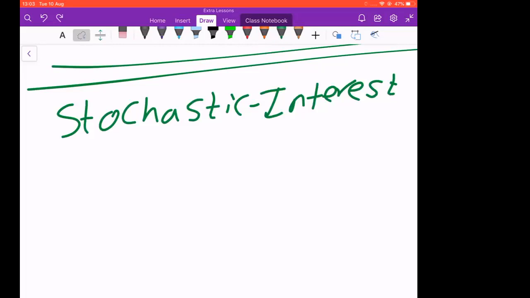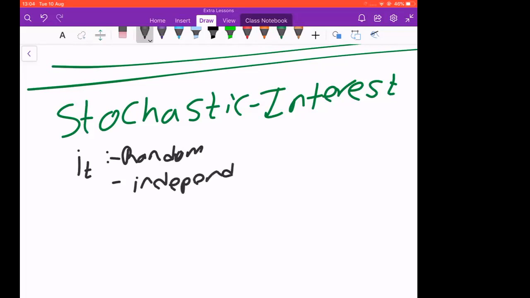So sometimes they can say that the interest rate at time t is going to be random, and it's going to be independent from any other interest rate, meaning that this year's interest rate does not affect next year's interest rate, right?